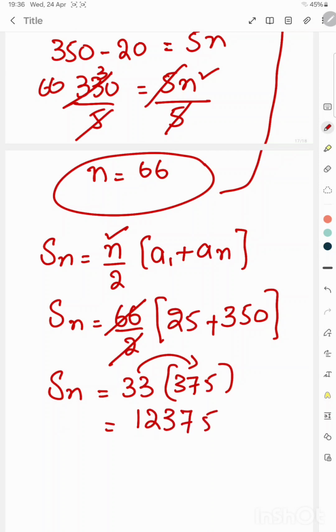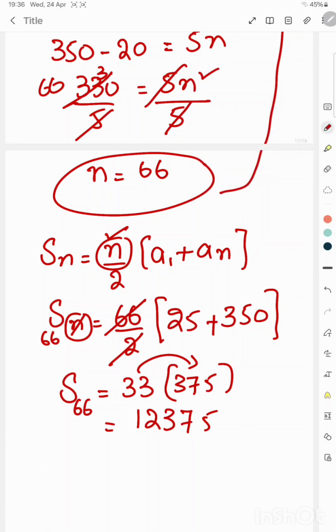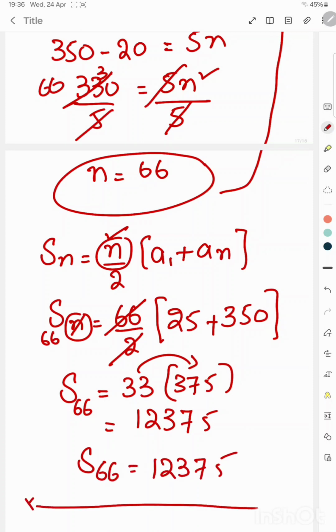And I just forgot to write here, as I wrote n is equal to 66, so I have to write 66 here too. So there is a little mistake here, you have to write 66 here. So here I will write S66. Okay, so my final answer is 12375.